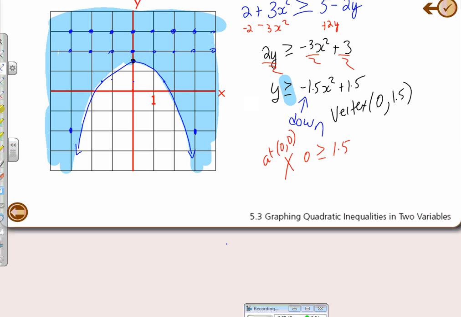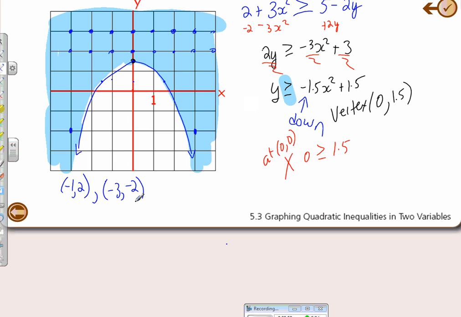Just picking any one of them, it doesn't really matter which ones. You can pick about -1 and 2. How about this one over here? -3 and -2.